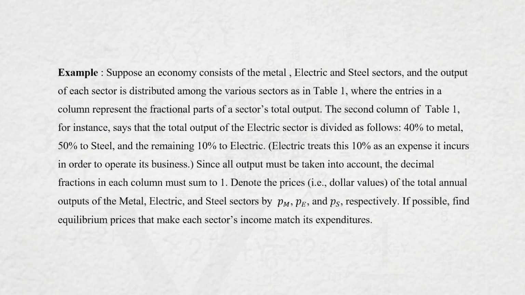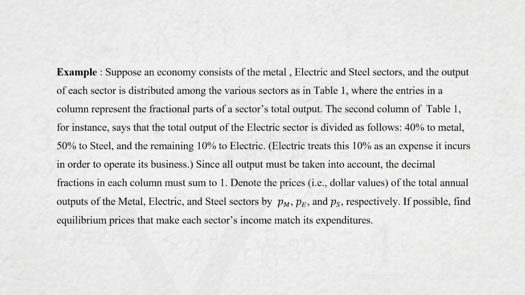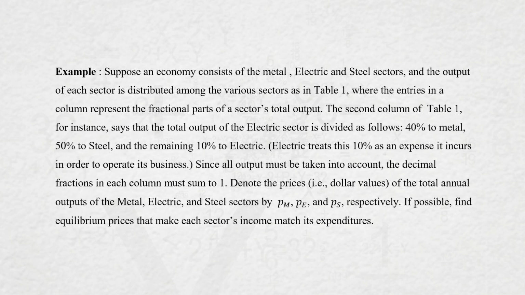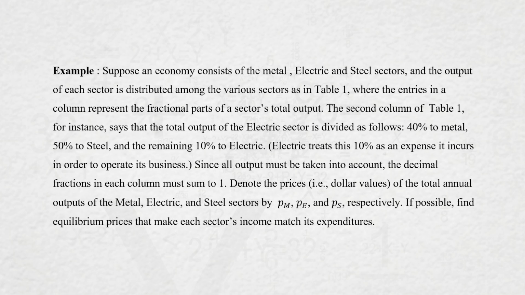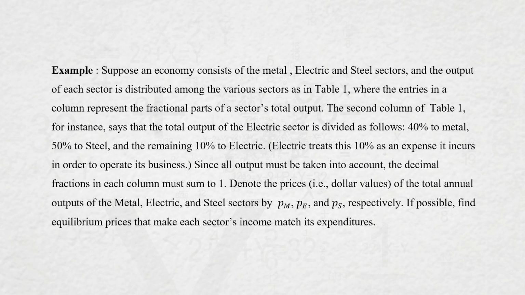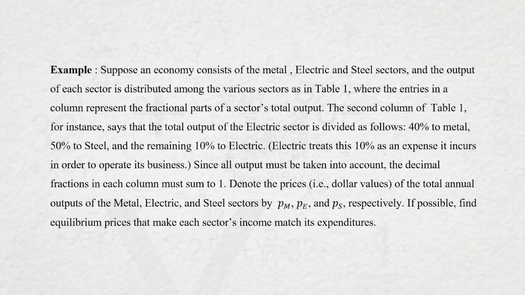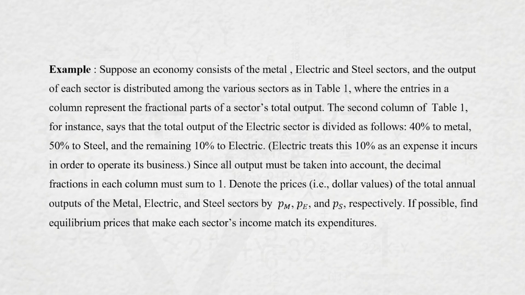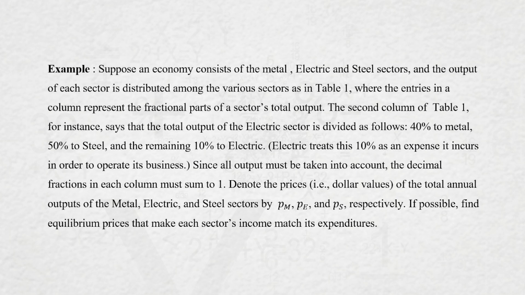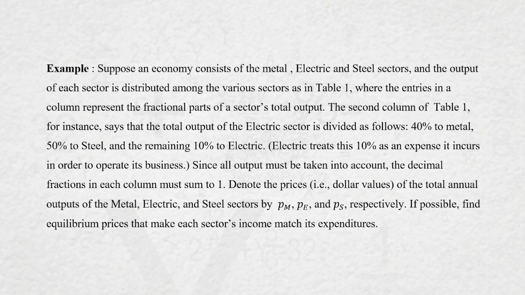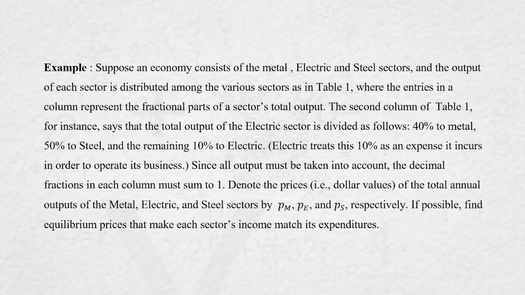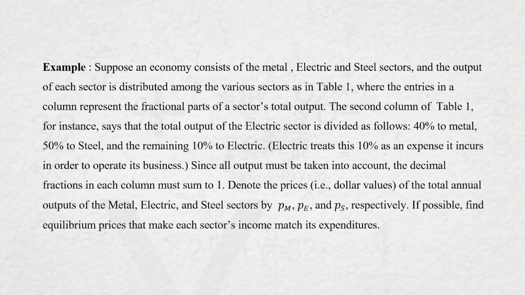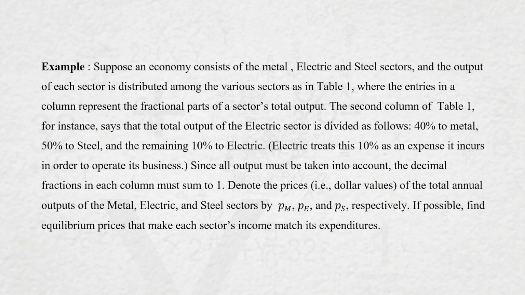The second column of that table for instance says that the total output of the electric sector is divided as follows, that is 40% to metal, 50% to steel and the remaining 10% to electric. Electric treats this 10% as an expense it incurs in order to operate its business. Since all output must be taken into account, the decimal fractions in each column must sum to 1.